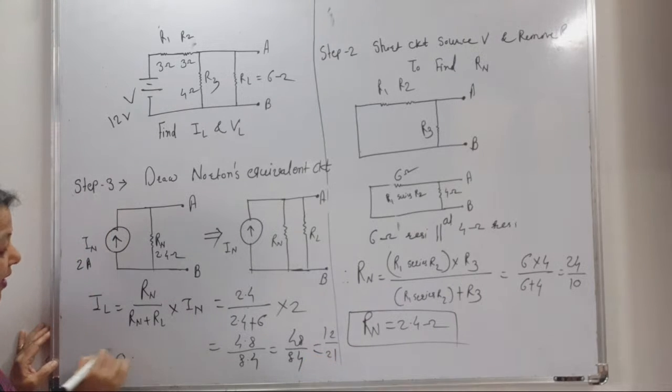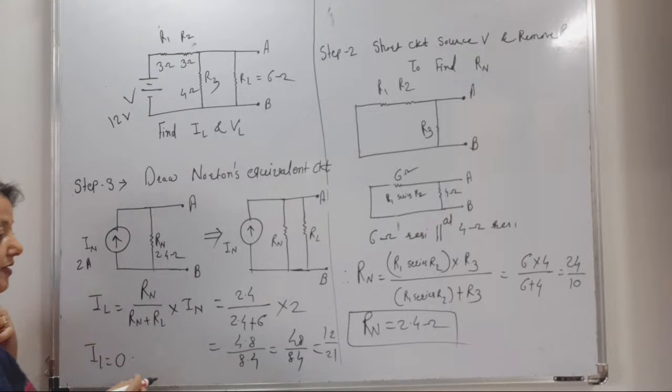Therefore, IL is equal to 0.21 into 5 are 125.